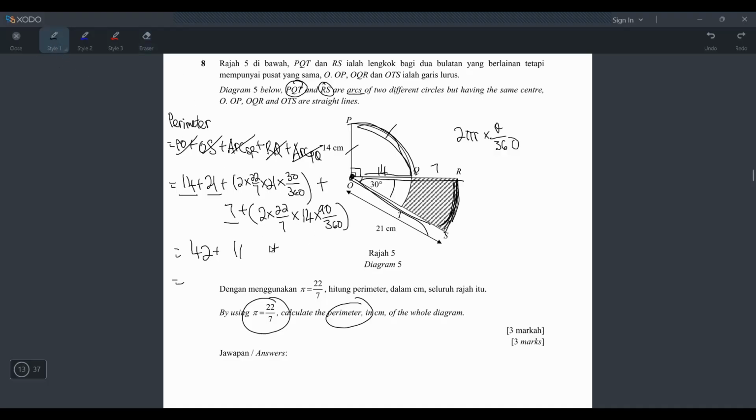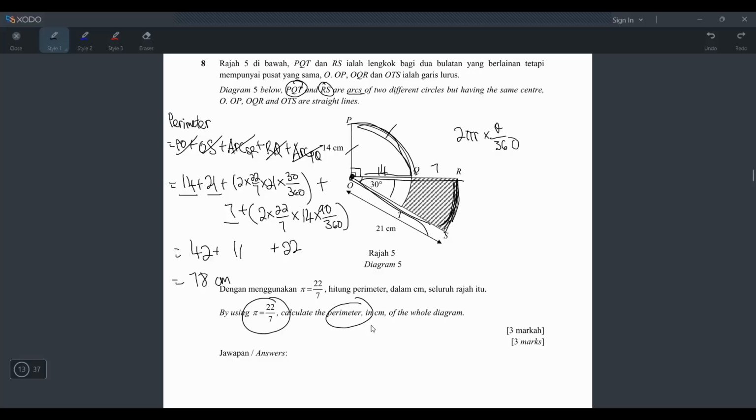So I plus everything. 42 plus 11, 53. 53 plus 22, 78 cm. Okay, so what is the answer? 78. Wait, is it correct? 42 plus 11 plus 22. Let's press calculator, more safe. Okay, sorry, 75. I tried to do it without calculator and made a mistake. Okay, this one is 75.